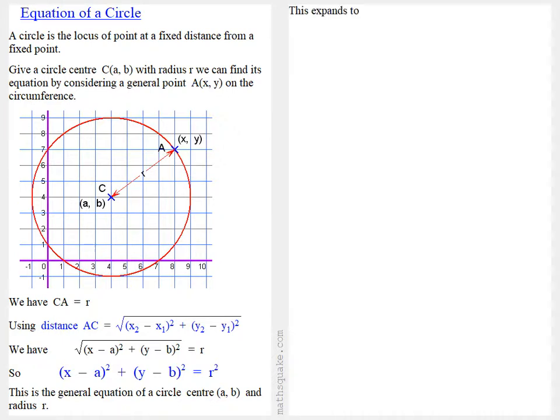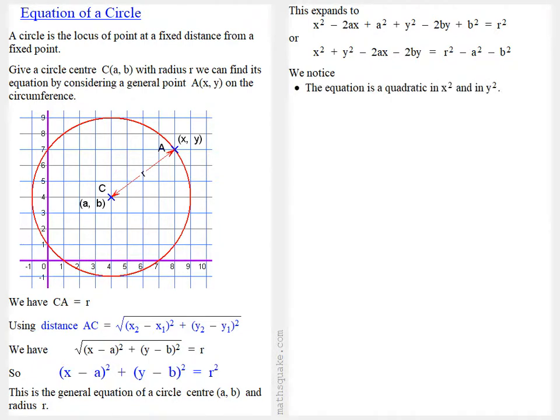This expands to x squared minus 2ax plus a squared plus y squared minus 2by plus b squared equals r squared. Or x squared plus y squared minus 2ax minus 2by equals r squared minus a squared minus b squared. Now we can notice a few things. The equation is a quadratic in x squared and in y squared.